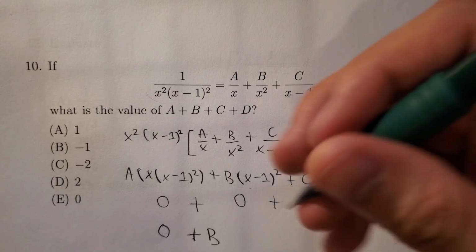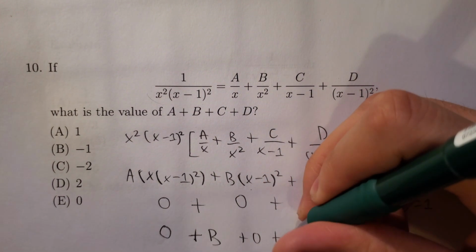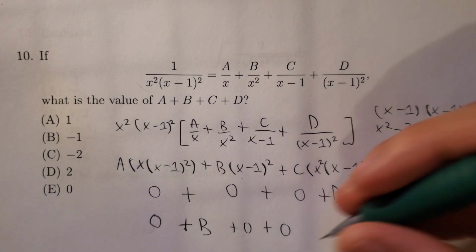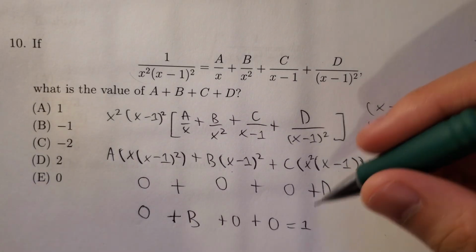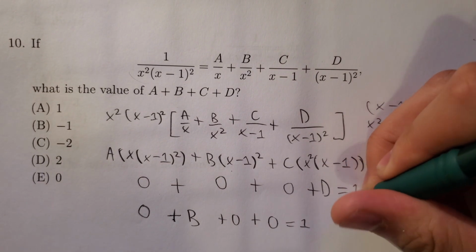So you end up with b plus 0 again, plus 0, because d times 0 is 0. And again, we figured out what b is just by eliminating everything else. So b is also equal to 1. So that's 2 letters out of the way.